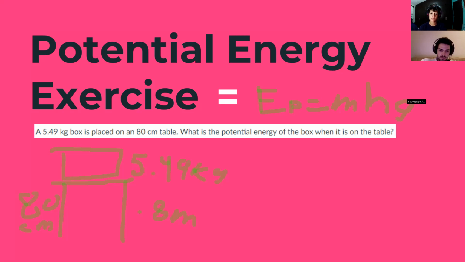Now we substitute values. That is 5.49 times 0.8 times 9.8, and the result is equal to 43.04 joules.